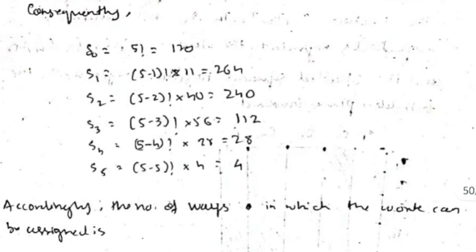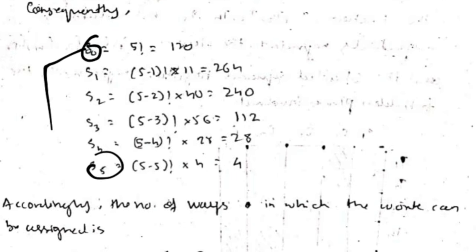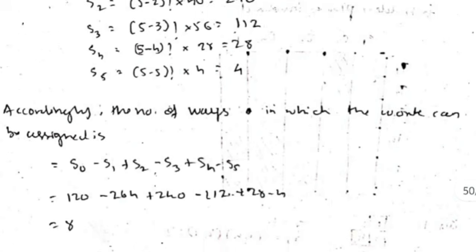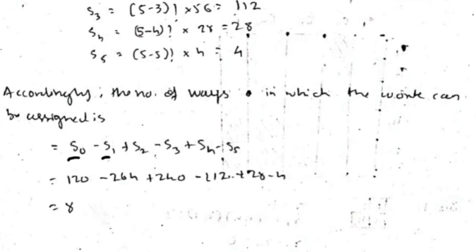Then here you will have 5 factorial, then here you will have 5 minus 1 factorial into R1, which is 11. See here these values 11, 40, 56, 28 and 4 will be applied here. So this will give the S0 to S5 values. Okay, after obtaining these values you have to combine them, that means S0 minus S1 plus S2 minus S3 plus S4 minus S5. Okay, that will give us the final answer.